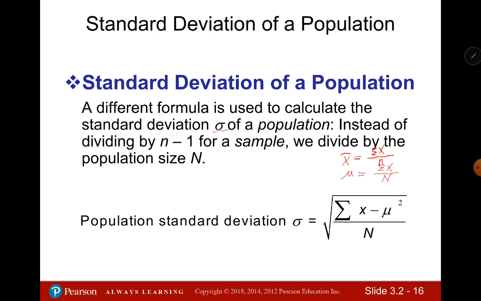But when we check the formulas for sample standard deviation and population standard deviation, we will find that they are not exactly the same, because for the sample standard deviation, we use n-1 as the denominator. But for the population standard deviation, the denominator is n, without the n-1. That's the difference.